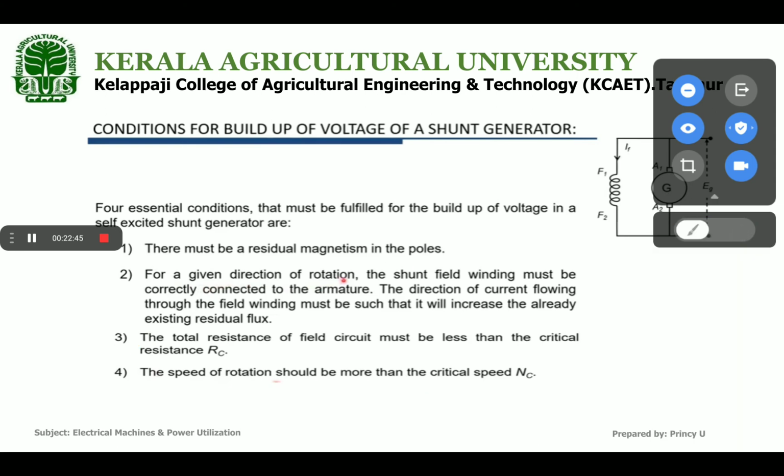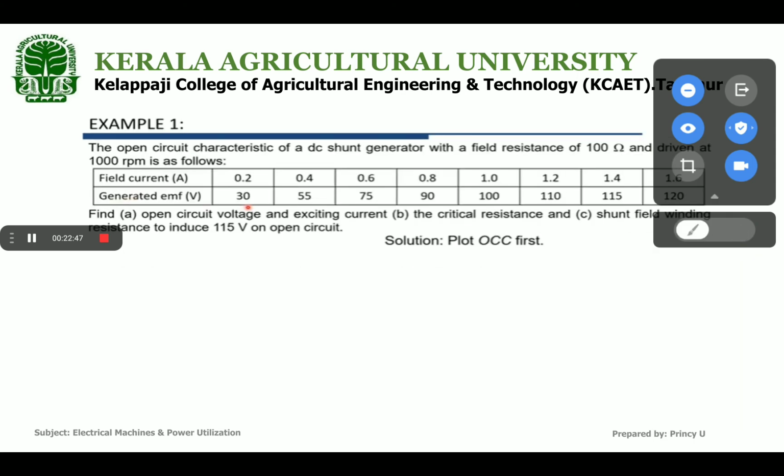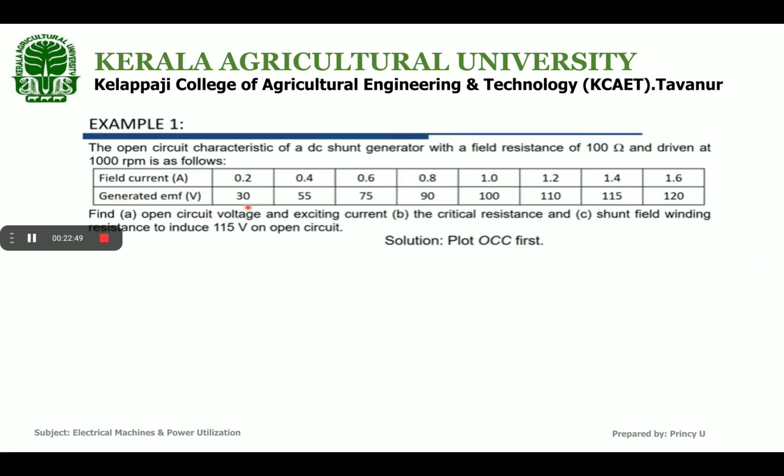Okay. Then I'll explain it with a problem. Characteristics, critical speed and critical resistance ഒക്കെ എക്സ്പ്ലെയിൻ ചെയ്യാൻ വേണ്ടി നമ്മളൊരു പ്രോബ്ലം ചെയ്യാം. ഓക്കെ, സോ നമ്മളൊരു ജനറേറ്ററിന്റെ OCC characteristics കണ്ടുപിടിച്ചു. By conducting a practical experiment we get the generated EMF corresponding to that field current.